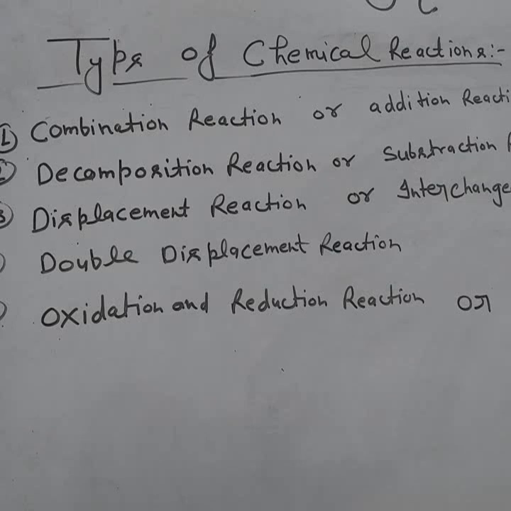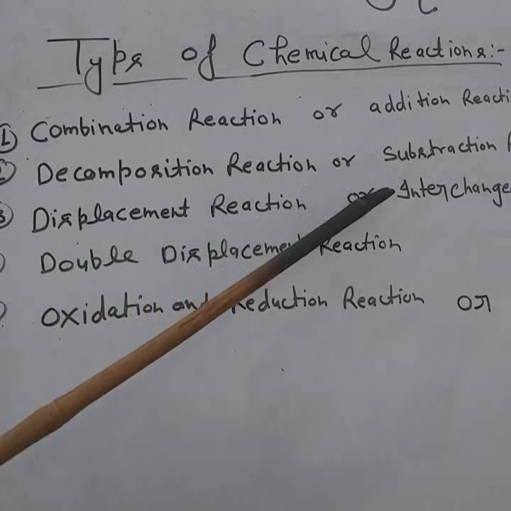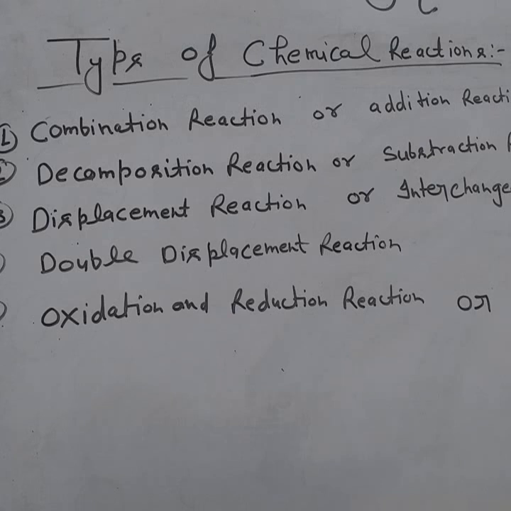Chemical reactions can broadly be classified into the following types. First, combination reactions, which are also called addition reactions. Next, decomposition reactions, also called subtraction reactions.